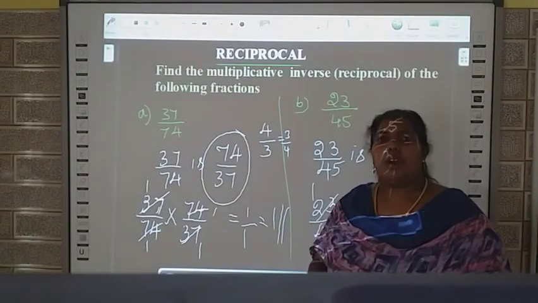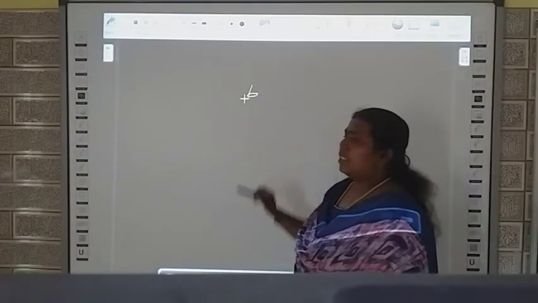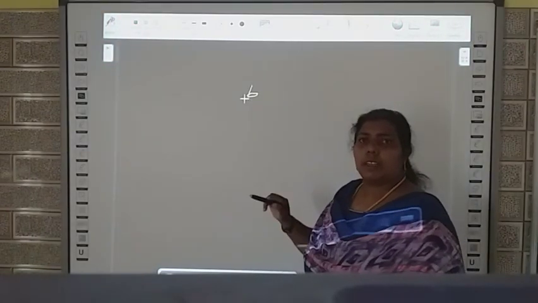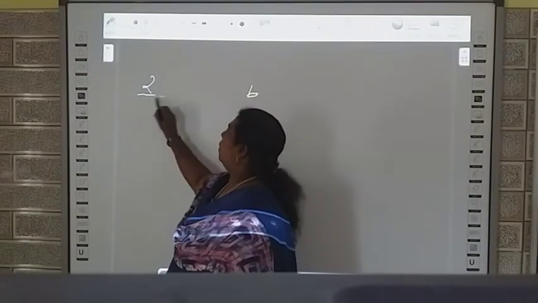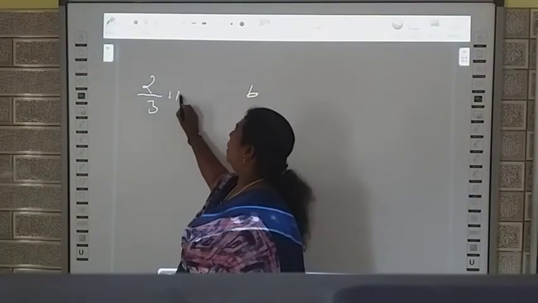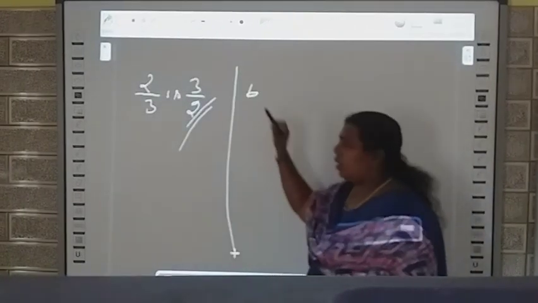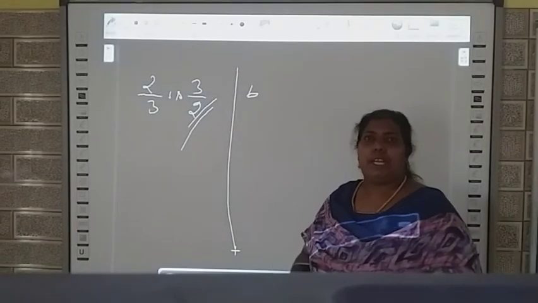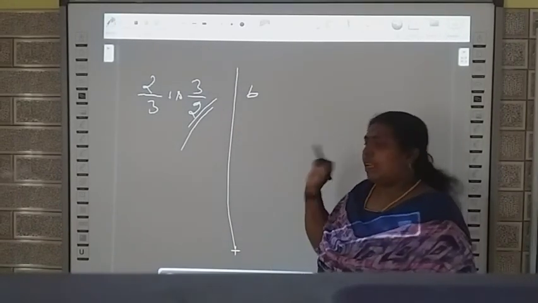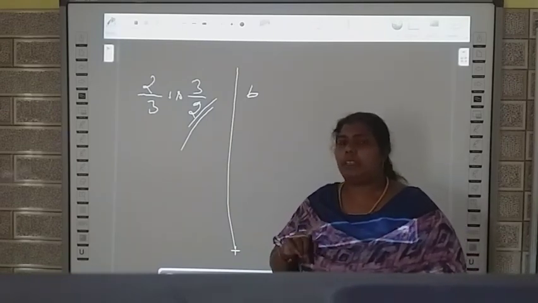That was the fraction value, right? If it is a whole number, how can we find the reciprocal? For example, the number 6. If the fraction is 2 by 3, the reciprocal is 3 by 2, easily you can find it. But the number is the whole number 6. What is the reciprocal? I said all whole numbers have a denominator.